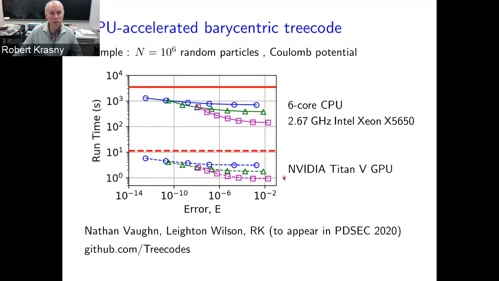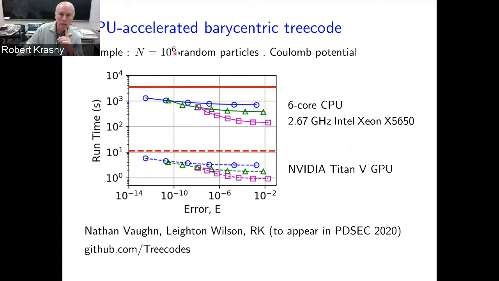The GPU accelerated barycentric tree code is something that we recently developed. Of course, GPUs have this property of being massively parallelizable as long as those operations can actually be done synchronously and are not too complicated.